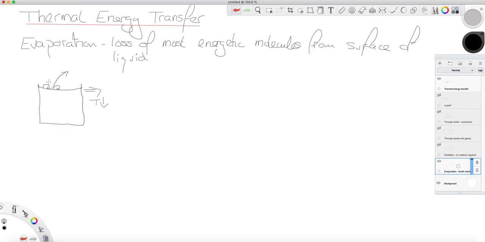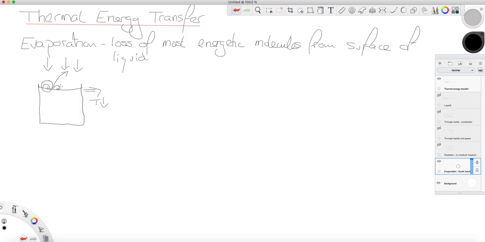So why are these ones not able to leave in the first place? Well, because you have atmospheric pressure pushing down. And so these molecules that are trying to leave or are leaving are trying to do work against atmospheric pressure. It's only if they have enough energy to do that that they can actually leave.